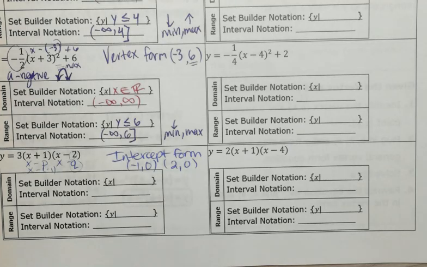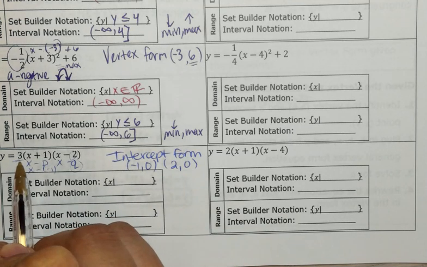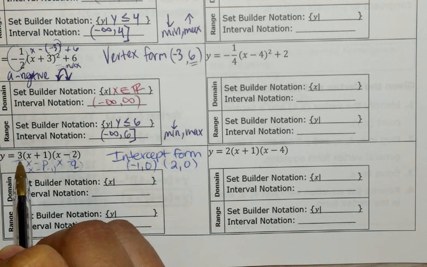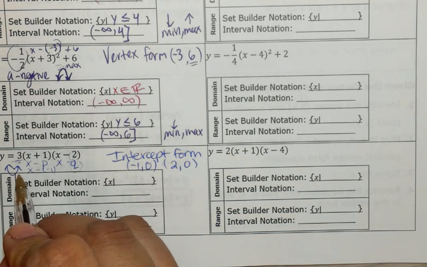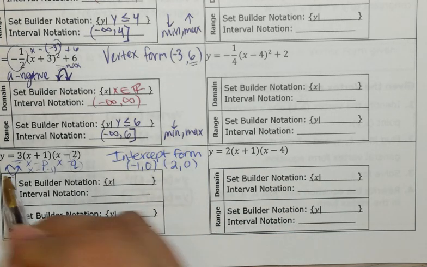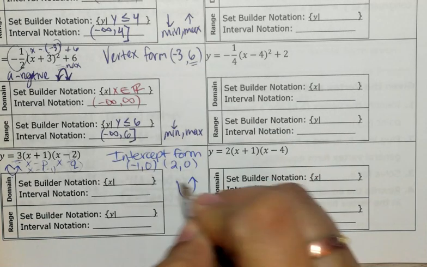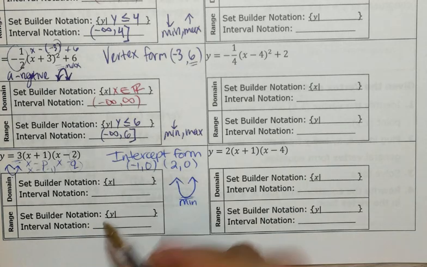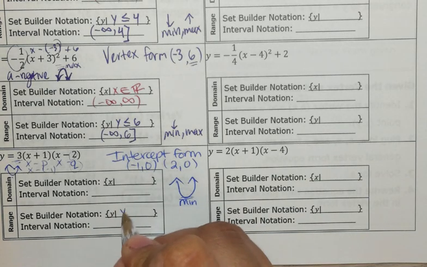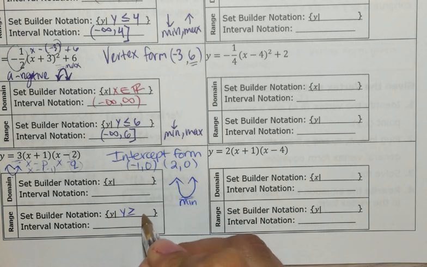If we did not have a calculator and you had to identify the turning point for this, you first need to analyze that the a value is positive. That means if it's positive, the graph is opening up. So if it's opening up, you have a minimum, which means that you are looking at values that are greater than a number.